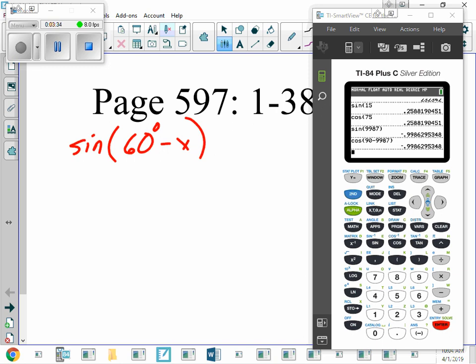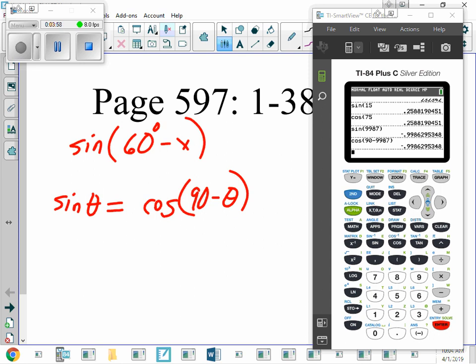Well, the cofunction for sine says the sine of theta is equal to the cosine of 90 minus theta. Now I flipped that around backwards, but it's the top row right column. Do you see where I got that cofunction formula?